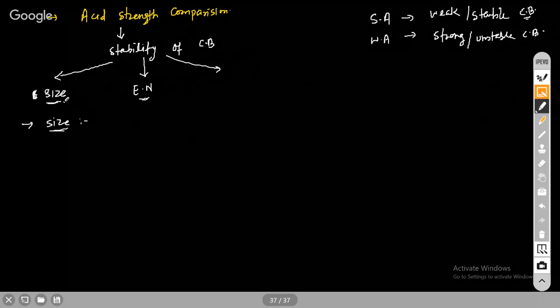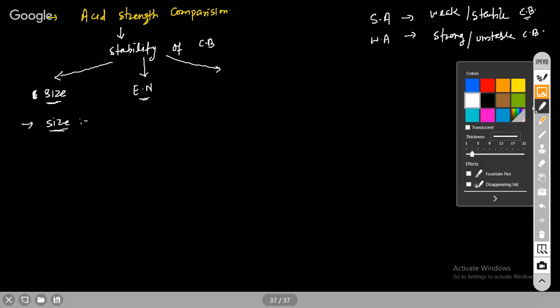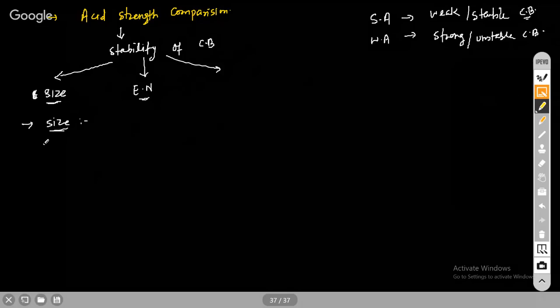So you see here, size and electronegativity we can discuss together. So first of all, if I ask you the acidic strength of these compounds, HF, HCl, HBr, HI. This is the first one I have given.